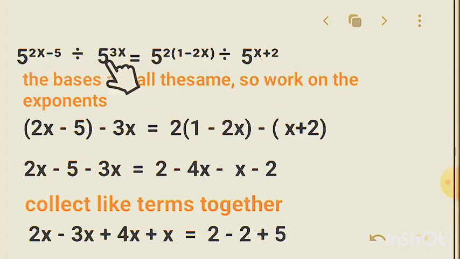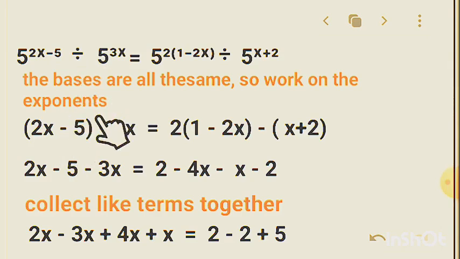The bases are all the same, so we work on the exponents, we equate the exponents. Remember the second law of indices. If the bases are the same and we are dividing, we subtract the index on the right hand side from that on the left hand side. So the index on the left hand side is 2x minus 5, which we have written here.